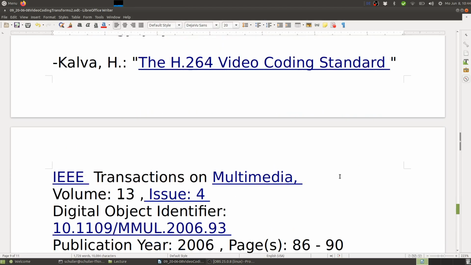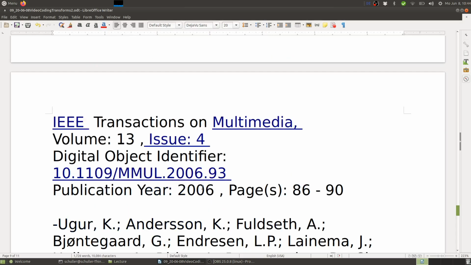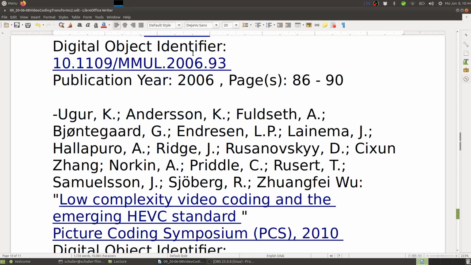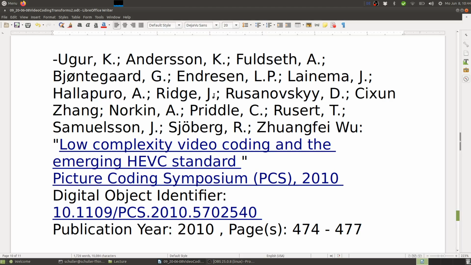And there's also this paper on the H.264 video coding standard in the IEEE Transactions on Multimedia from 2006. So there you have an overview of the standard.